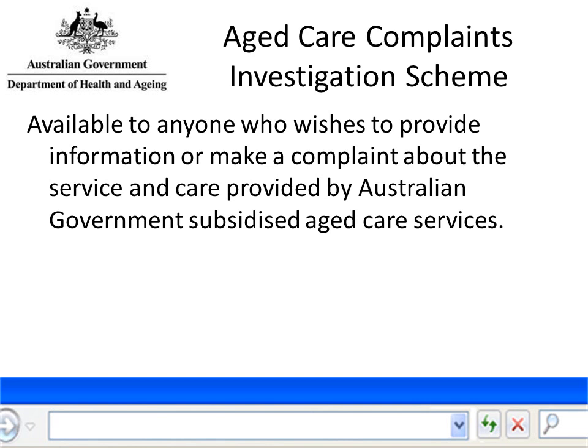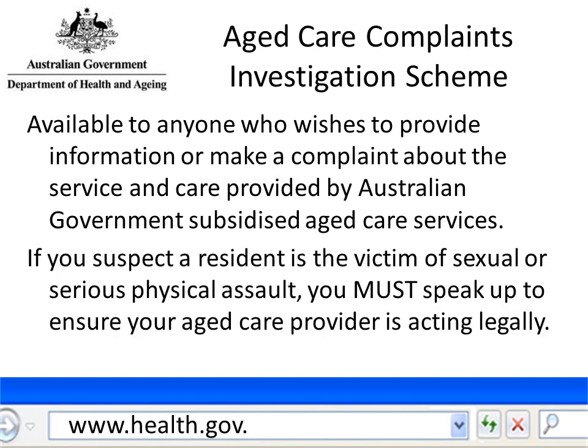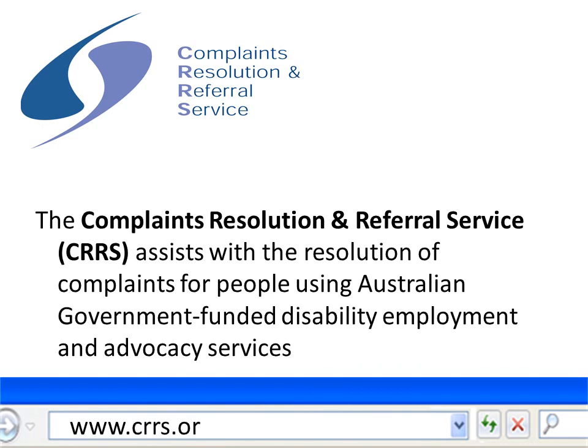The Aged Care Complaints Investigation Scheme is for anybody who wants to make a complaint about the service and care provided by government subsidised aged care services. If you think they're a victim of sexual or physical assault, speak up to make sure that they're acting legally. There's their website.